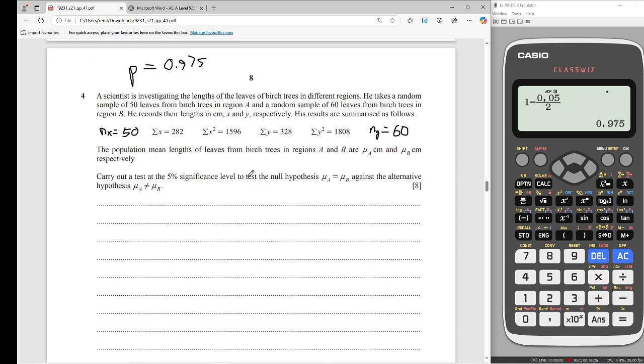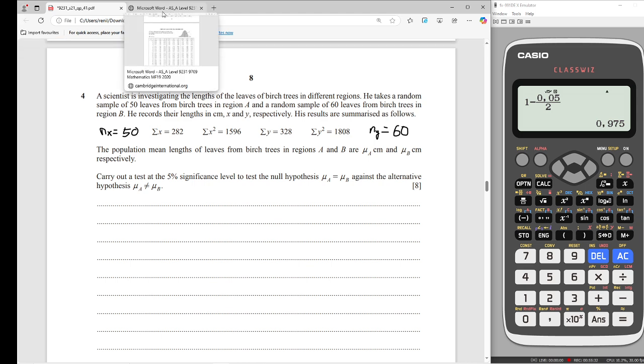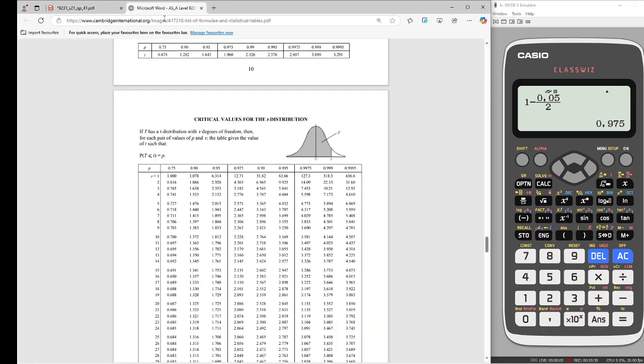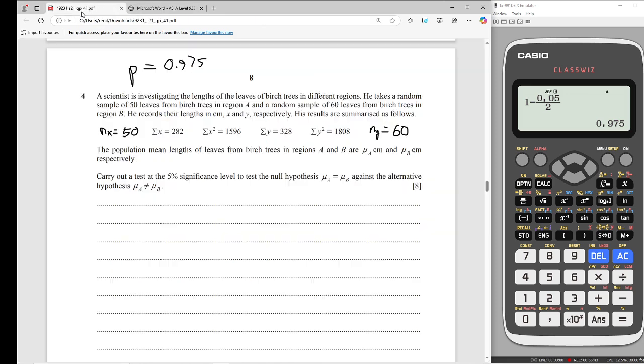With this data, we can confirm whether this is a t-test or we need to use the z values. So which one do we use? It's simple. When we have such large samples like 60 and 50, our degrees of freedom won't be applied here. The degrees of freedom will be nx plus ny minus 2, because there are two parameters that we are calculating.